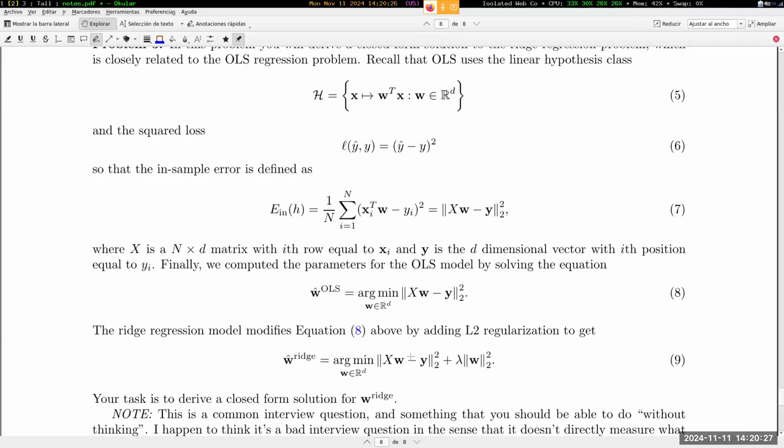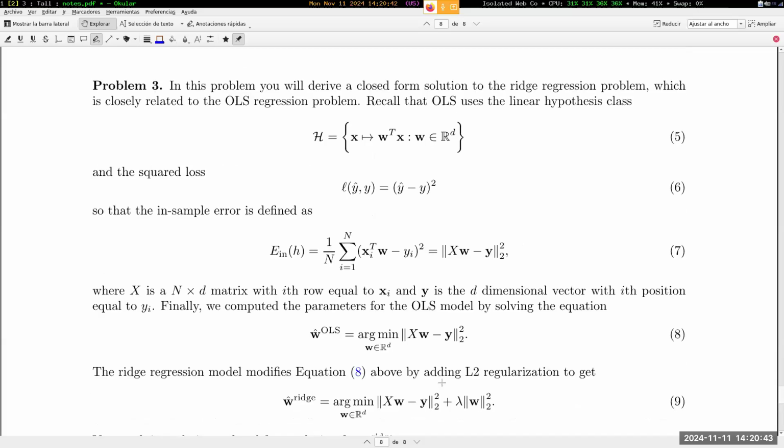This is adding the L2 regularizer and seeing that it still has a closed form solution. So ordinary least squares with this L2 regularizer here, commonly called ridge regression, still has a closed form solution. So this will be a problem that we won't do in class, but good for you all to do on your own.